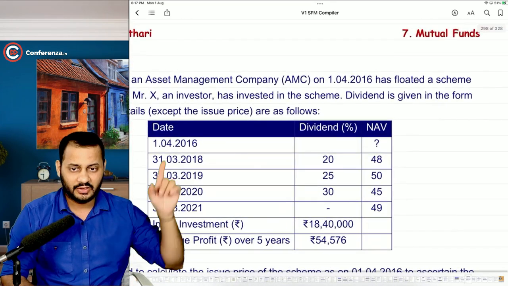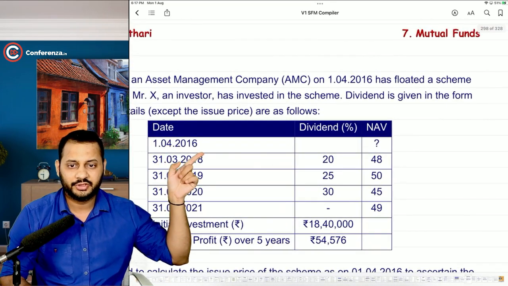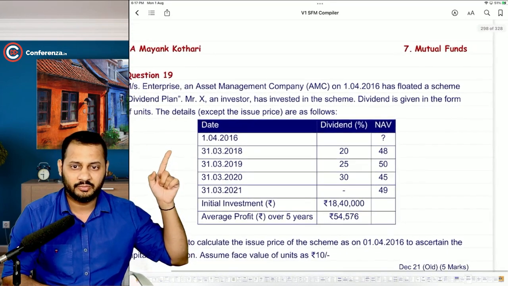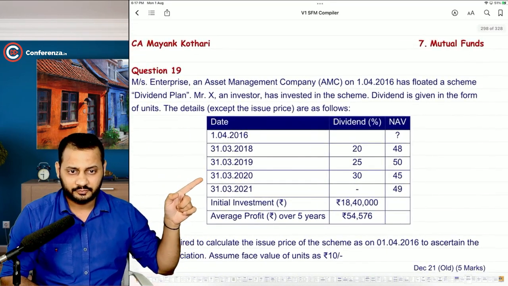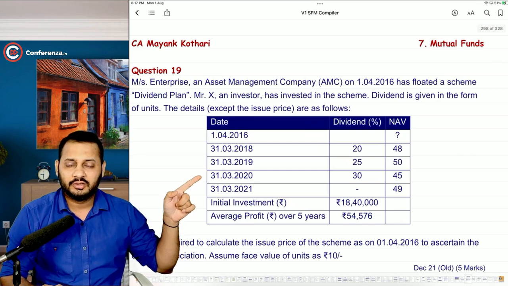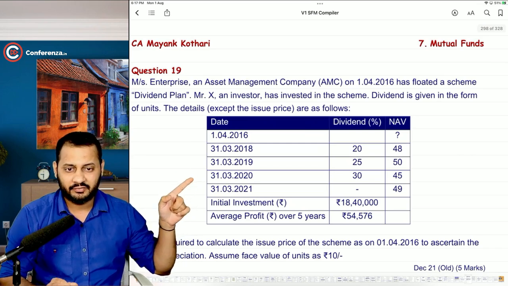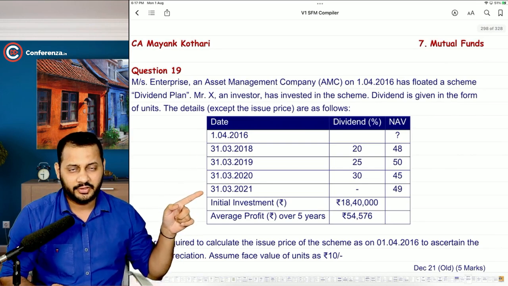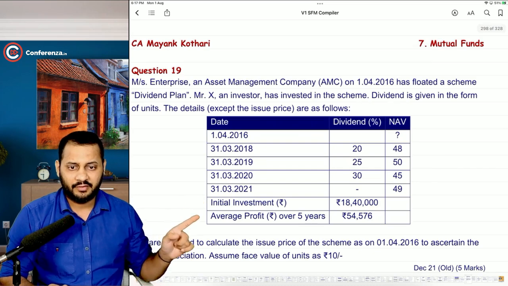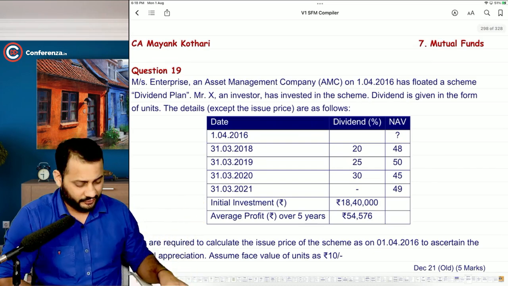So at 1/4/2016, there was some issue price at which you invested the amount. How much, you don't know. So on 31st March 2018, 19, 20, the dividend was given 20, 25 and 30 rupees. NAV was also given on 31st March 2021. This was the NAV. Initial investment is this much. Average profit over 5 years is 54,576.